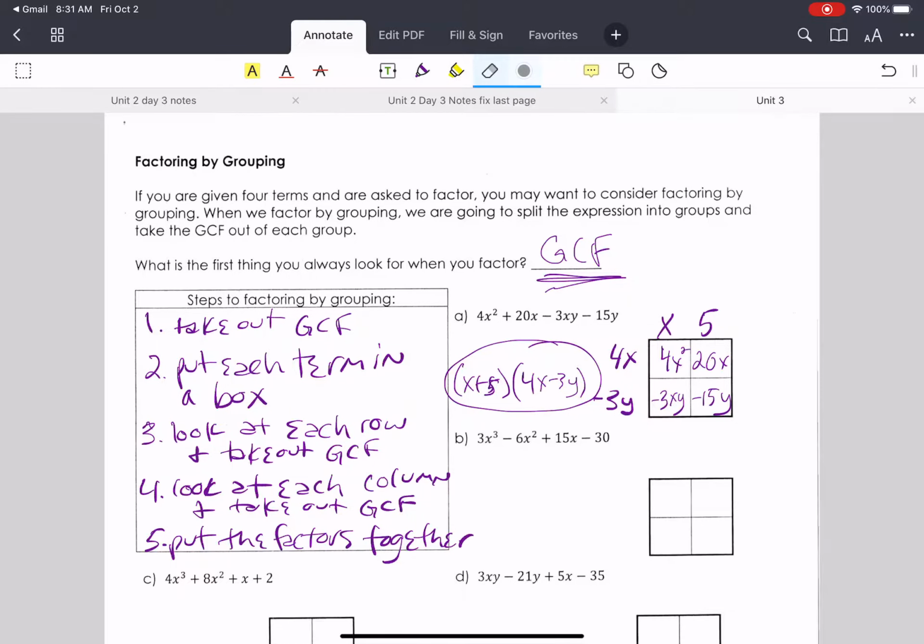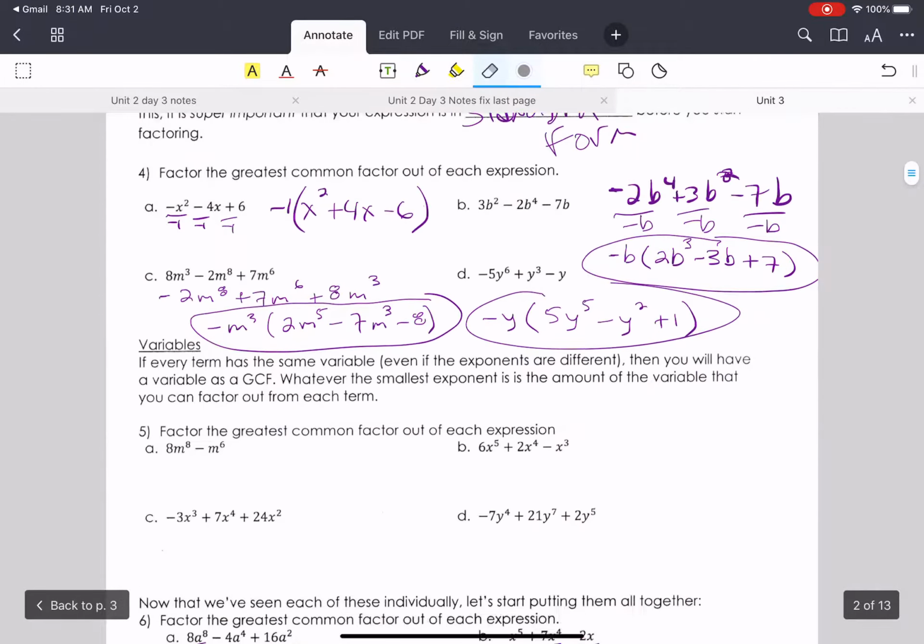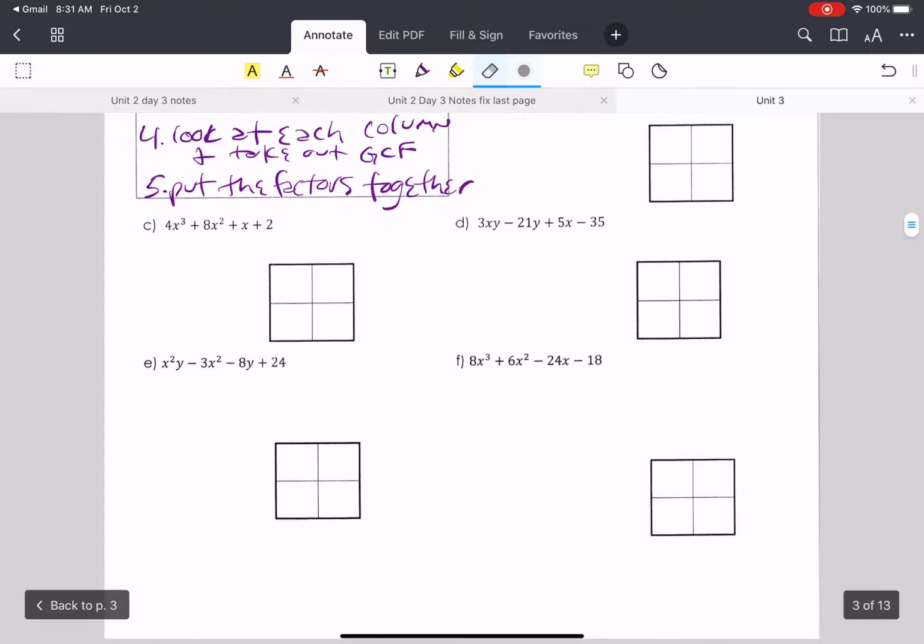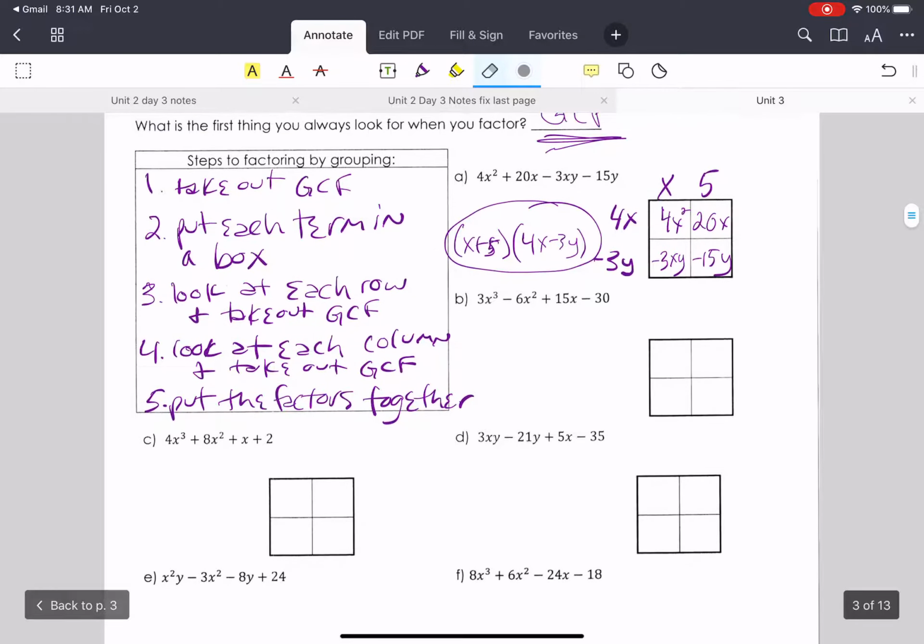Okay? Remember, it doesn't matter which row or which box you put each piece.